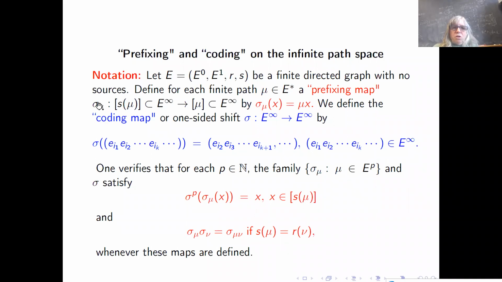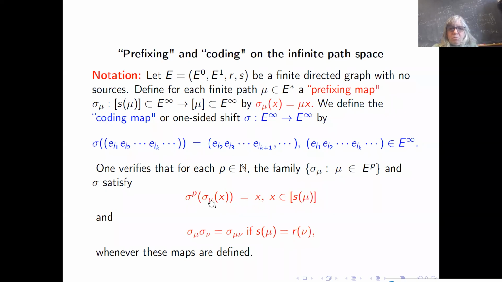These prefixing maps are partially defined, but this sigma coding map can be composed with itself arbitrarily many times. And then you can check that when you do sigma p, the coding map composed with itself p times, and compose that with sigma mu of x, whenever x is in the cylinder set corresponding to the source of mu, then you just get partial inverses here.